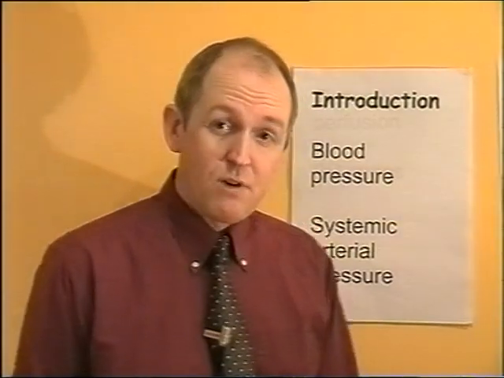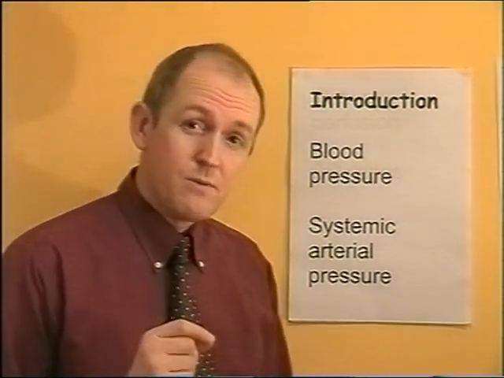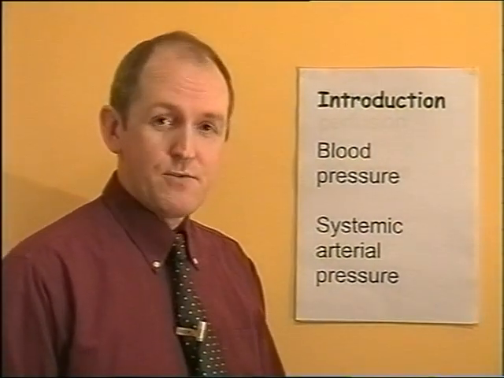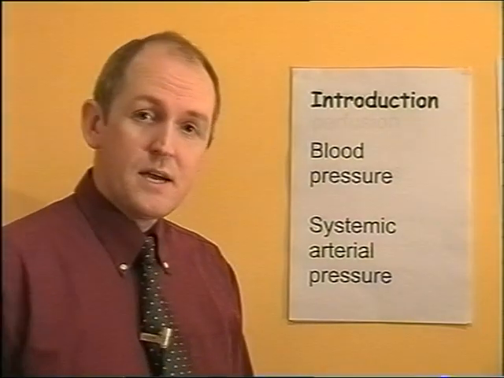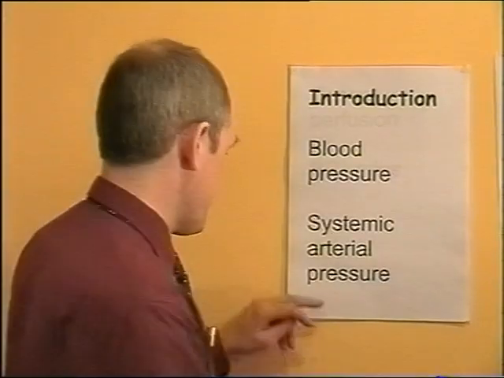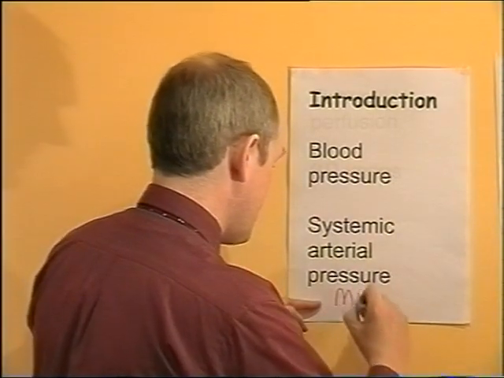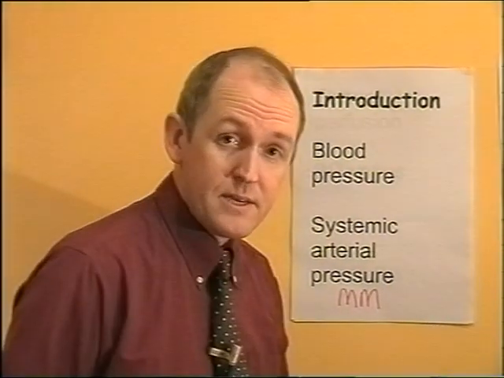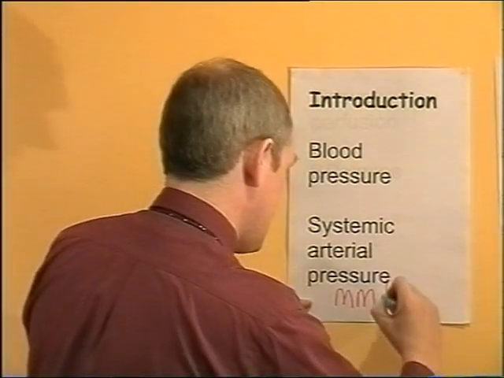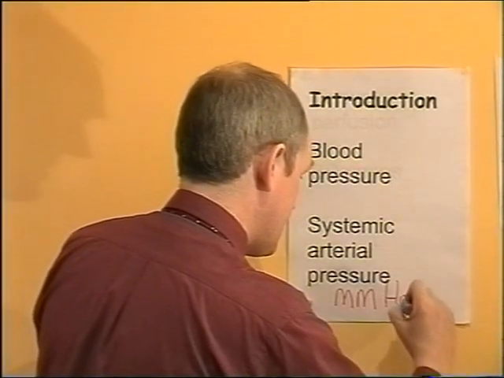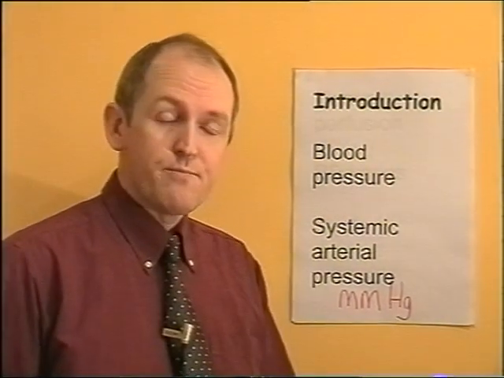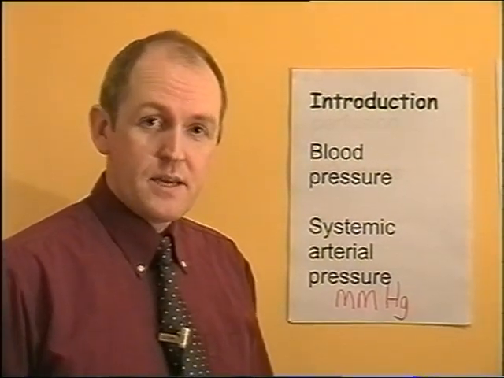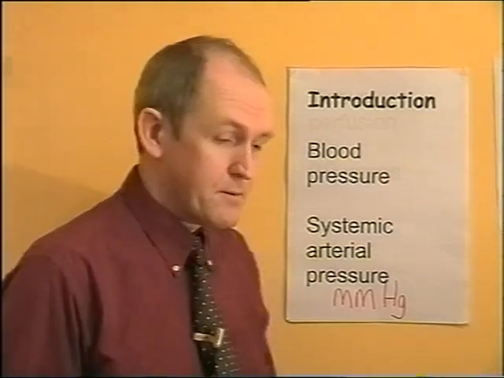As we'll see in a minute, there are other types of blood pressure, but blood pressure normally means systemic arterial blood pressure. And we measure this in millimeters of mercury. Often written mm for millimeters, and Hg is the chemical symbol for mercury. So blood pressure is measured in millimeters of mercury.